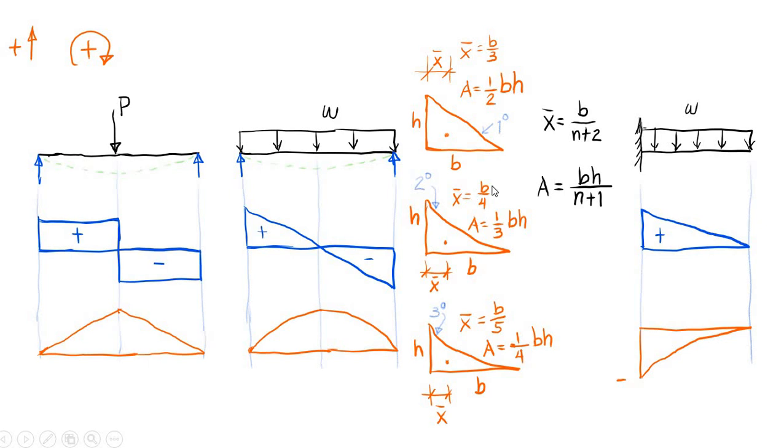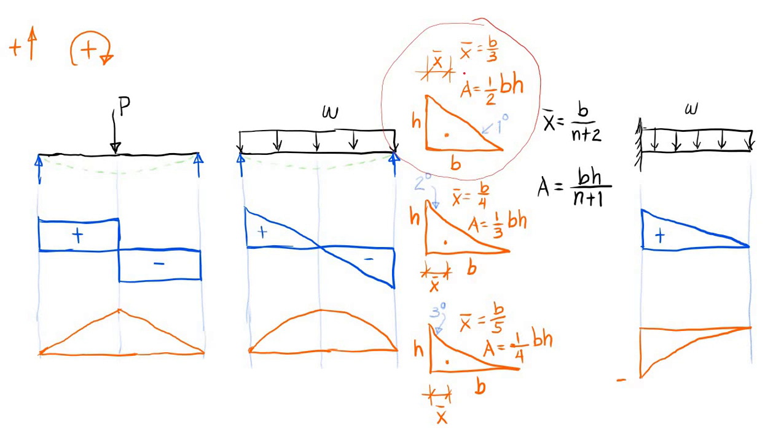Okay, so we now have these corresponding area computations as well as the location of our centroids. For the first figure, if we consider this figure here, this is a triangle and this is first degree.